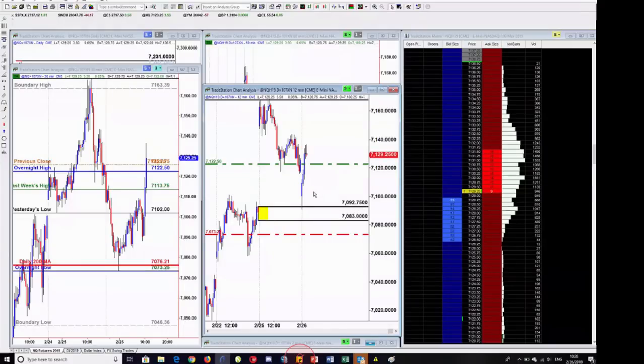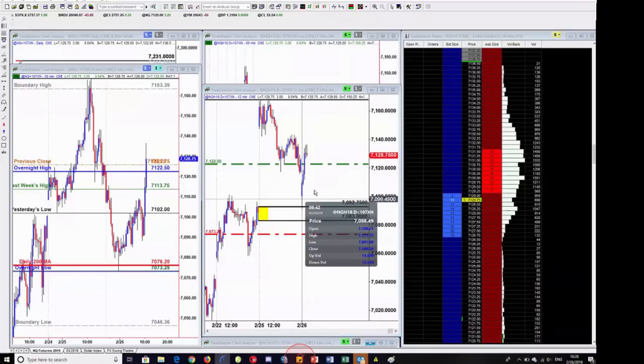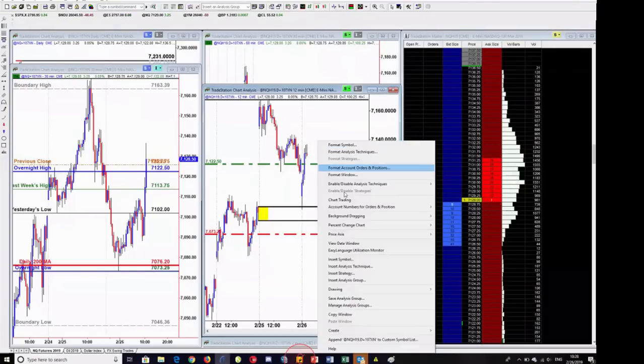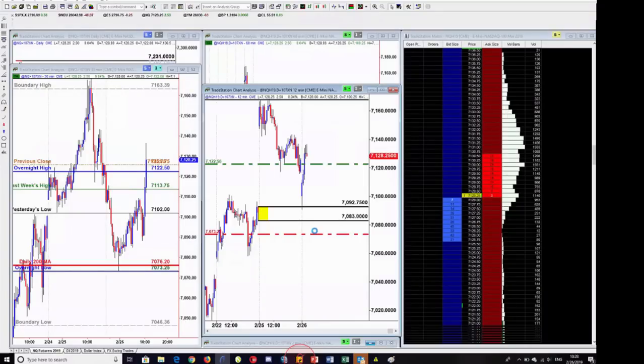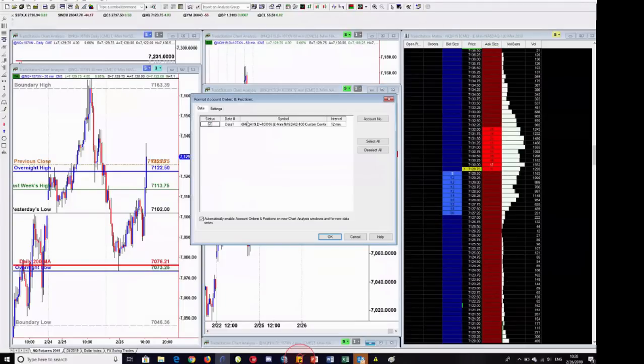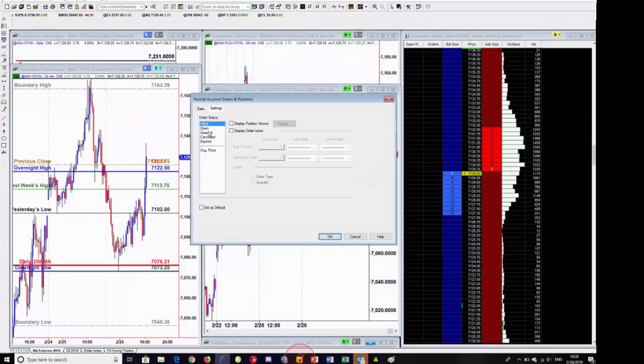Now, if we take a look on here, I'm going to go to format account orders and positions on here. And it might even show me on here, if I do this, the filled orders.